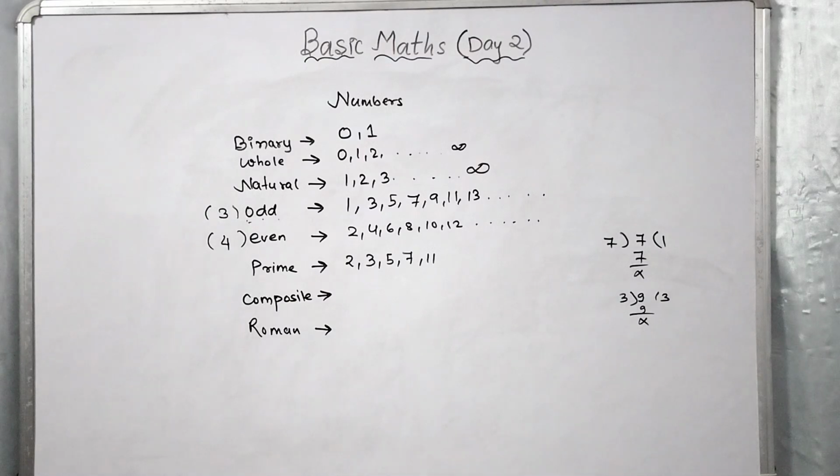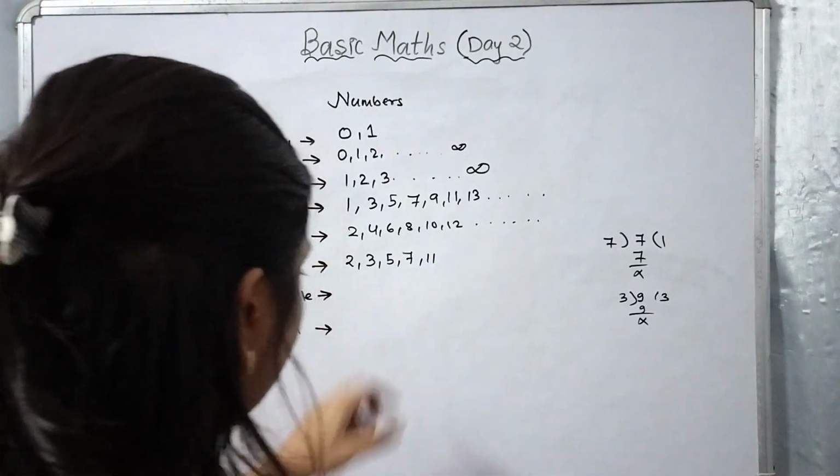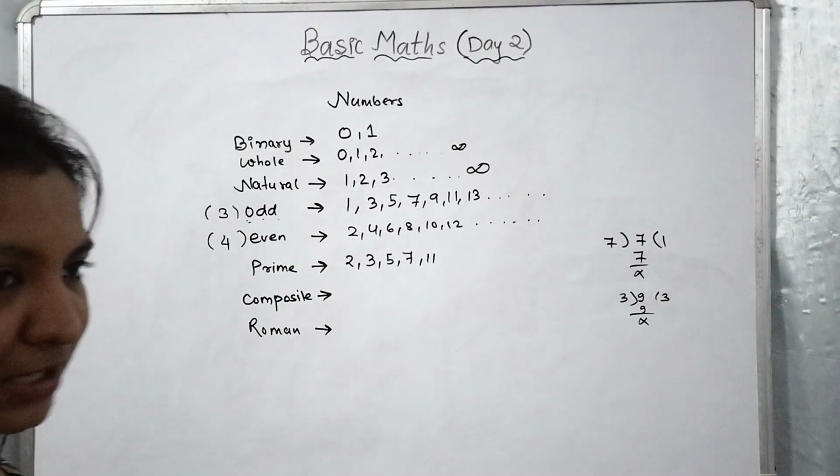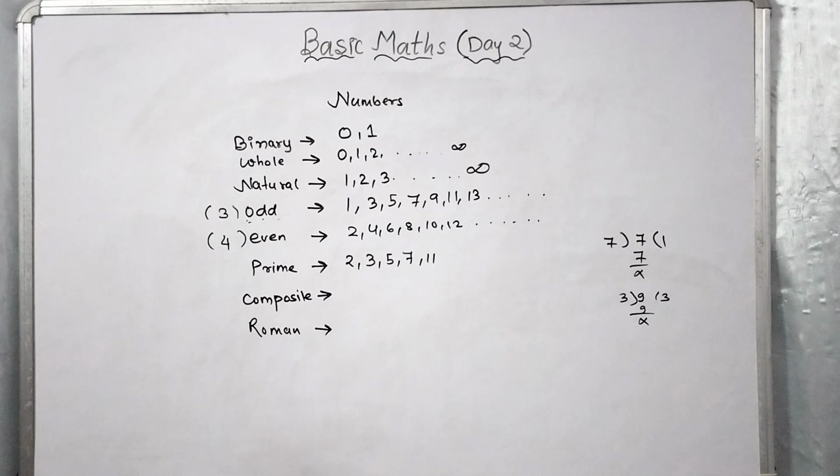Fine? Now, composite number. What is composite number? Composite number is any number that has more than 2 factors. Fine? 1 is its factor, but apart from 1, there are more factors. That is a composite number.